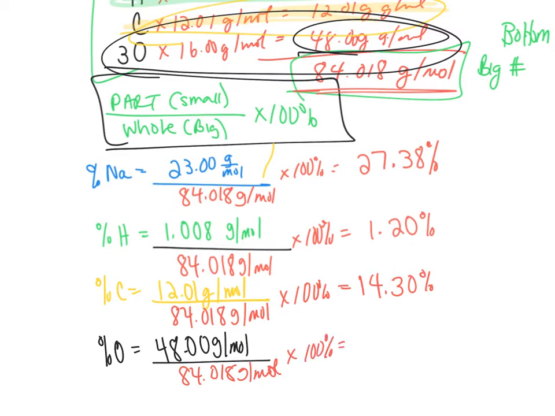So 48 divided by 84.018 times 100. And that is 57.13%. And then I always check, I add up all these percentages to see if they come close to 100. They should be, and they're exactly. If you add this up, I get 100.01%. So they should all add up.